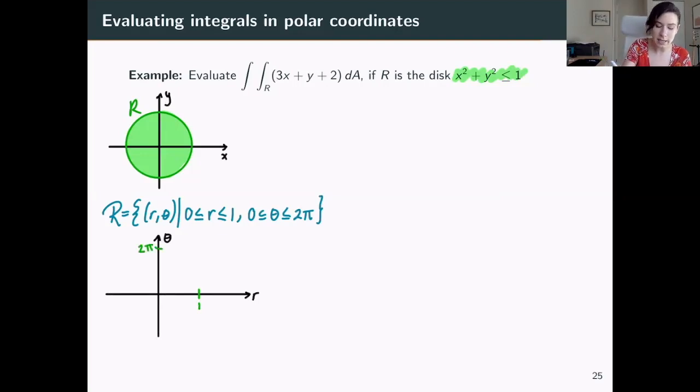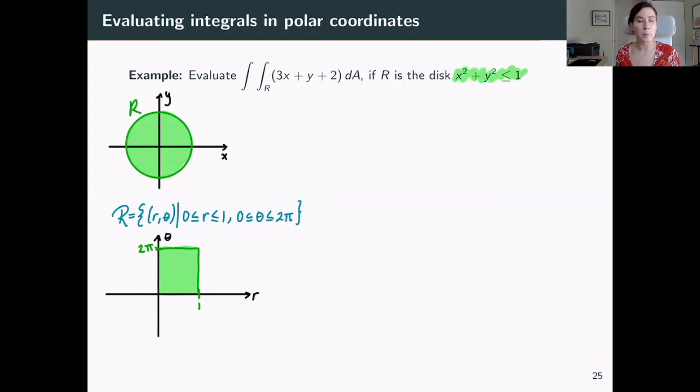So we're going to be integrating over the rectangular region denoted here in r and theta, which is certainly going to be easier to set up an integral for than when we have this non-rectangular circular region.